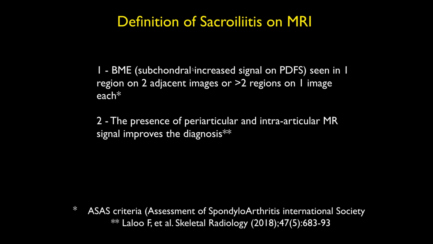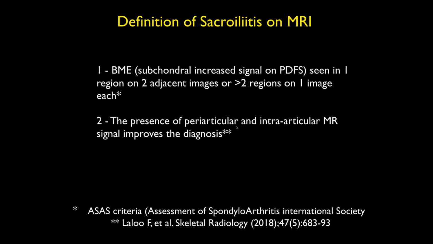But to make the diagnosis of sacroiliitis, you need to see increased signal intensity in one region on two adjacent images. Again, this assumes you use their protocol. Basically, you need to see at least one lesion that's a centimeter or more in size, or two regions that are smaller than that.